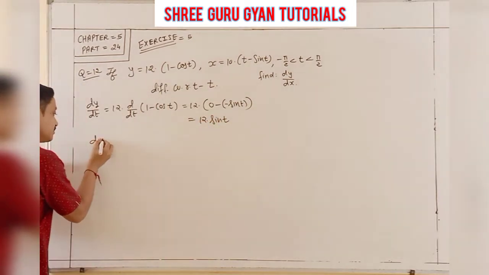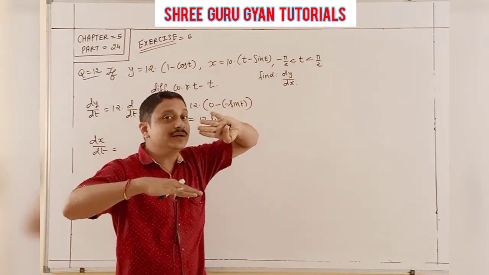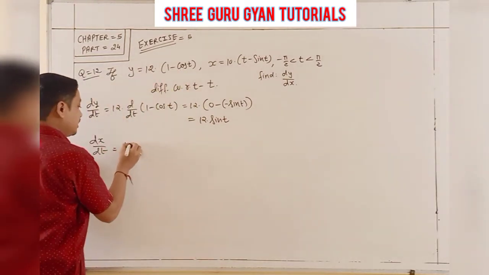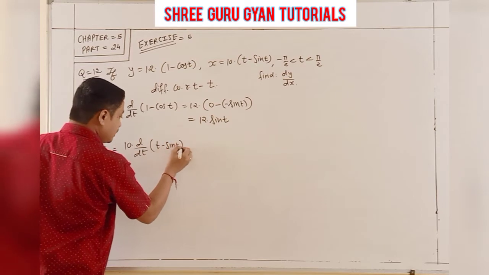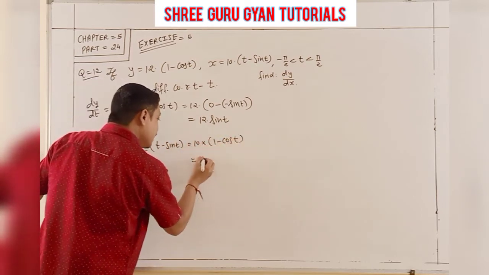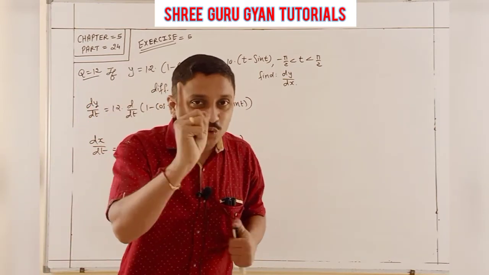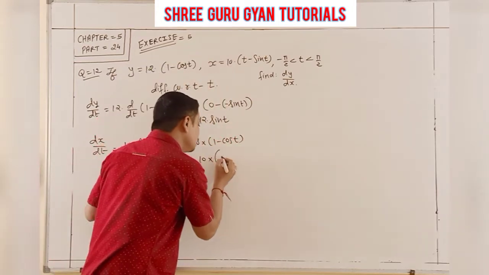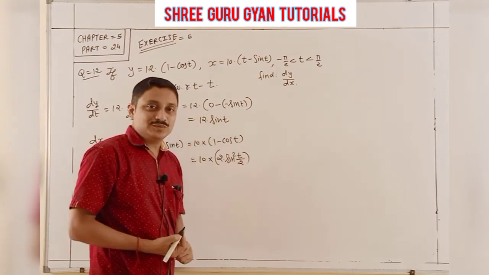Continue with dx/dt, d/dt of (t - sin t), which is again 1 - cos t. Now, what is 1 - cos t? You know it is a trigonometric formula, which is 2 sin square t/2.